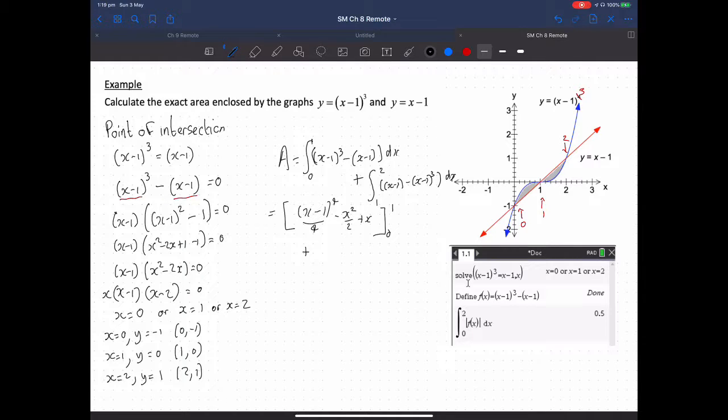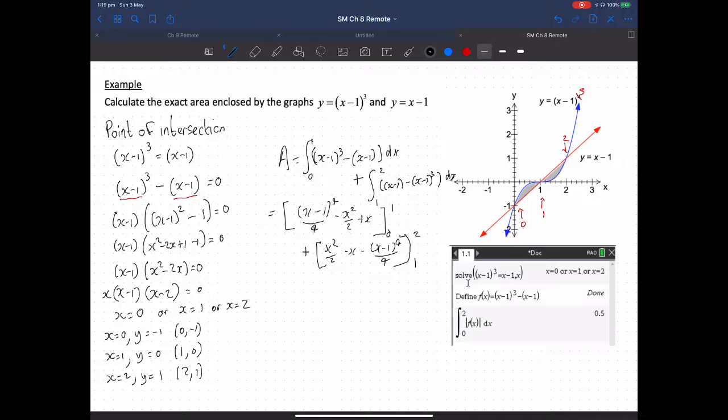Our second integral would be very similar: x squared on 2, minus (x minus 1) to the 4 on 4, from 1 to 2.